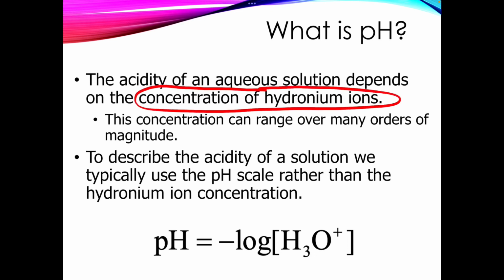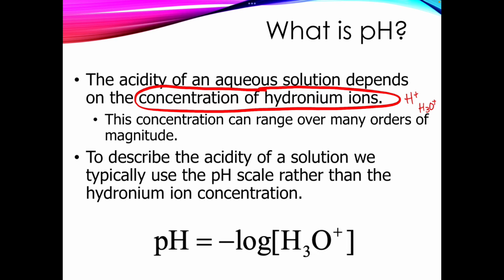Remember, we're getting hydronium ions because of the H plus floating around from the acid. That H plus will grab onto a water molecule and give us H3O plus. So the more H plus that's in there, the more acid we have, then the more H3O plus we have, which will increase that molarity.